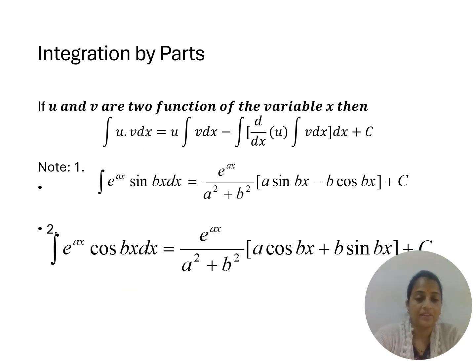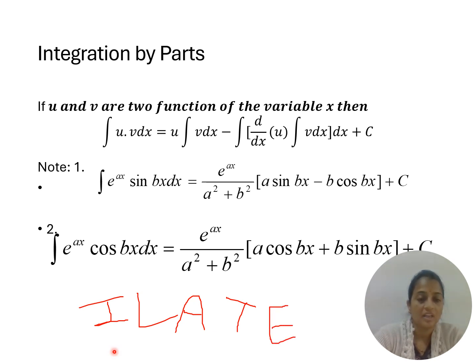In this method of integration by parts, we choose u and v by the word ILATE. I means inverse function, like sine inverse x, cos inverse x. L means logarithm function, like log x.